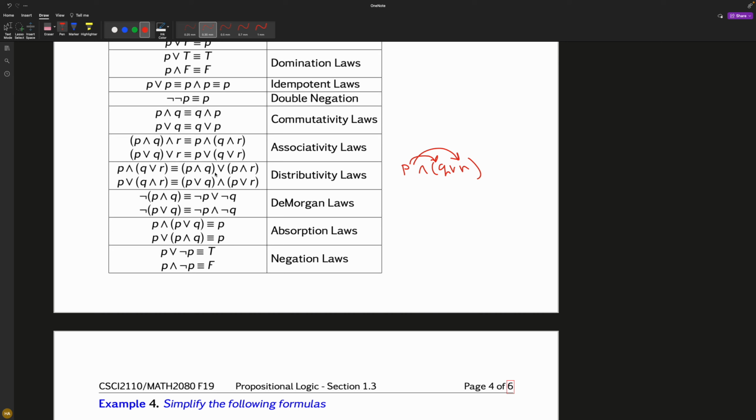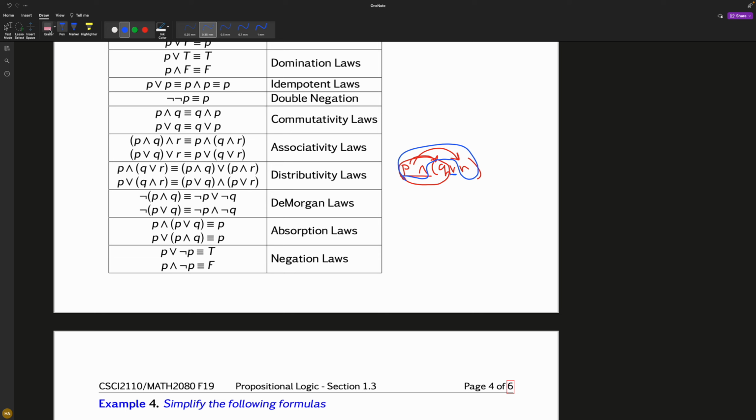But what you have to do is flip the symbol in the middle, and then flip the symbol that you're distributing into. So since I'm distributing this in, they group like this. It becomes this, or, right, because I have an or. That's how they group.